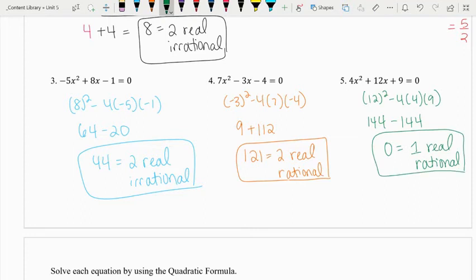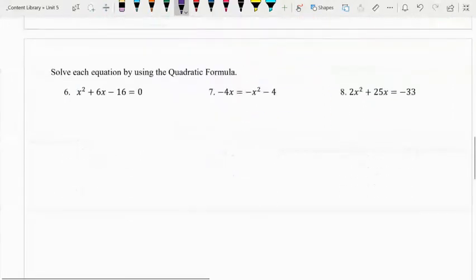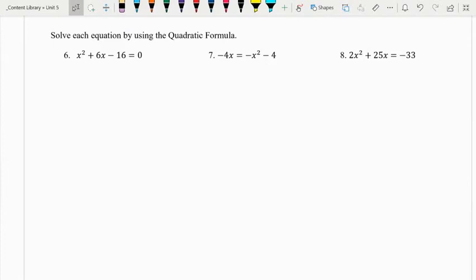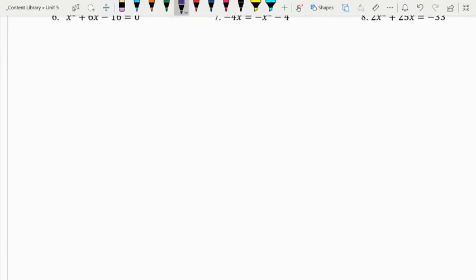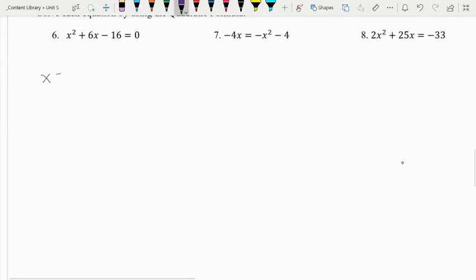All right, so now that we've had practice with the discriminant, we're going to put it all together and do the quadratic formula. So with the quadratic formula, we have x equals the opposite of b.